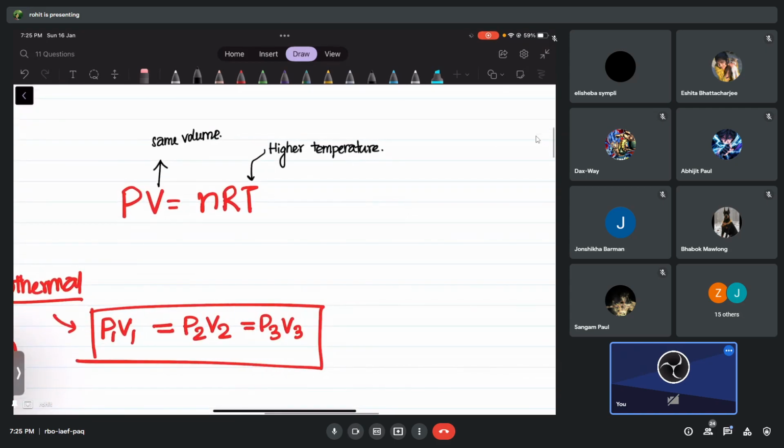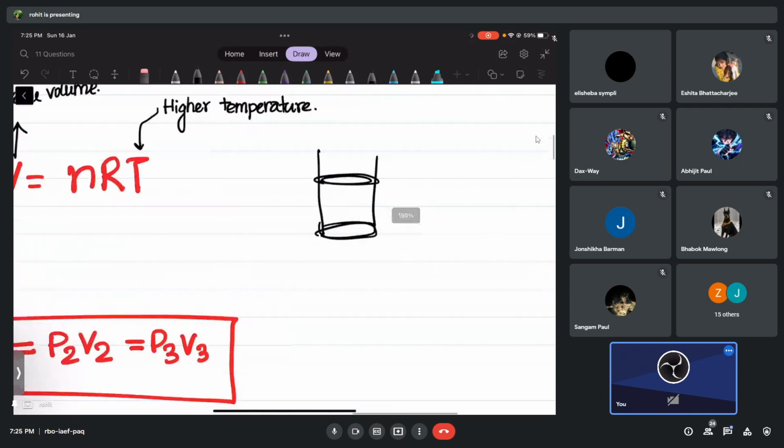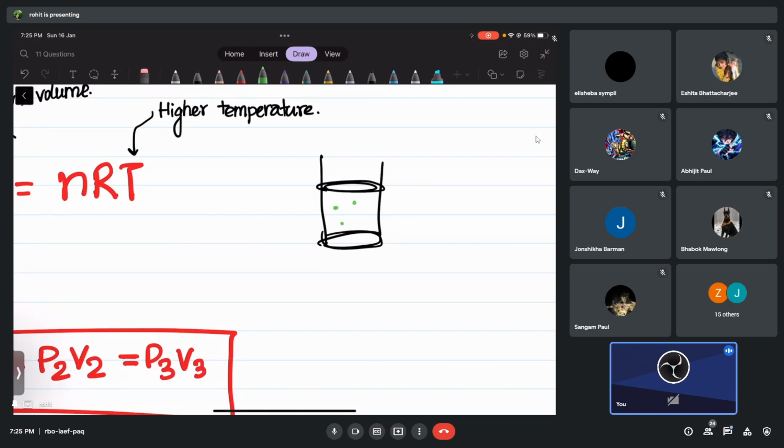If I take the same gas like before, that I have drawn the graph for, but this time I'm not starting with temperature T1, I'm starting with a temperature called T2.